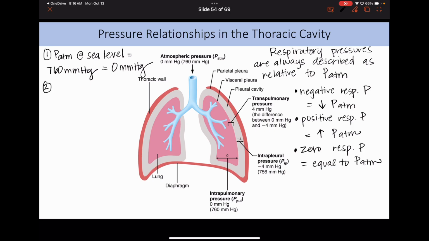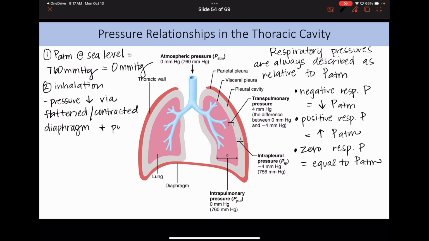So step 2 is inhalation. I already kind of explained how this works, but pressure decreases via a flattened diaphragm, or you can say contracted diaphragm, either one, and pulling out the rib cage.